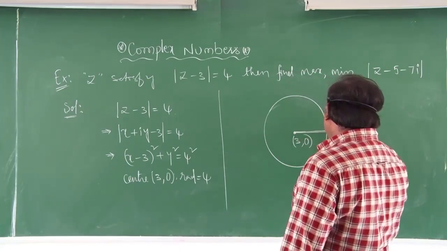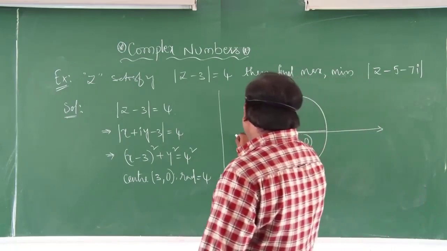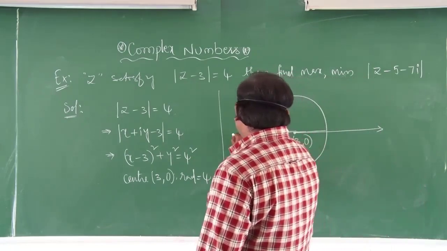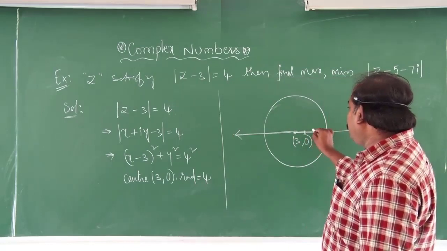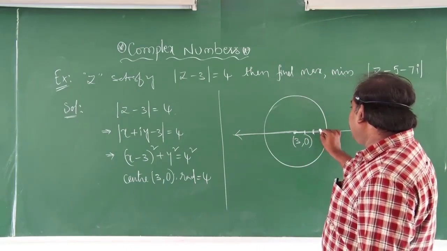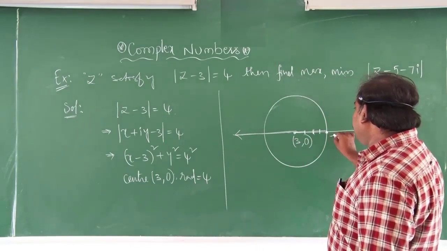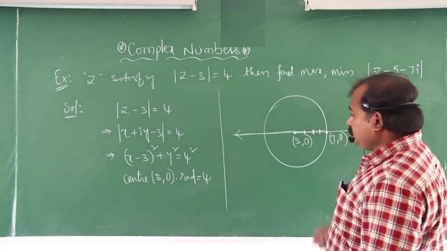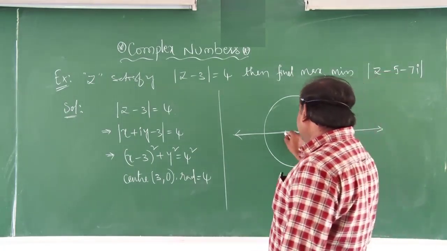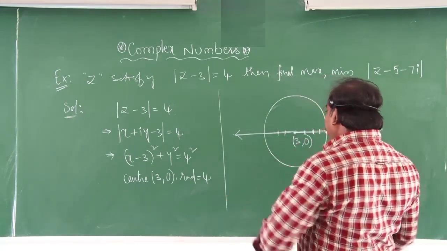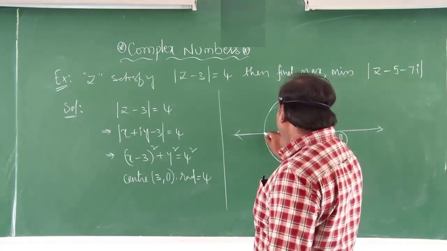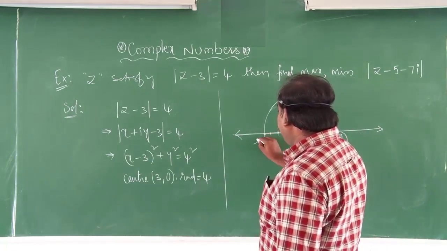Let this be the real axis. Imagine you draw the axis: 3, 4, 5, 6 and 7. This point is 7, 0, with radius 4 units. Reducing, 3, 2, 1, 0, this is the point minus 1, 0.